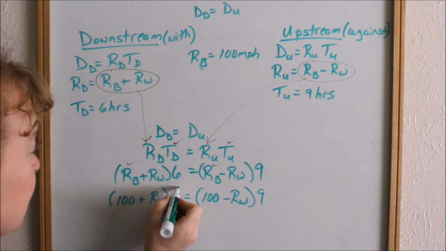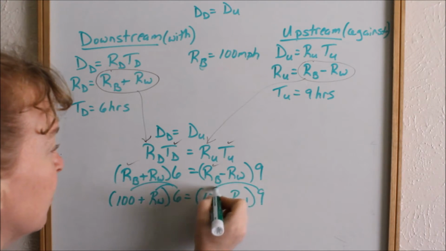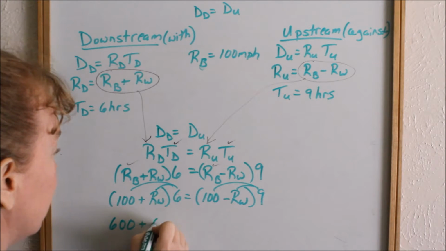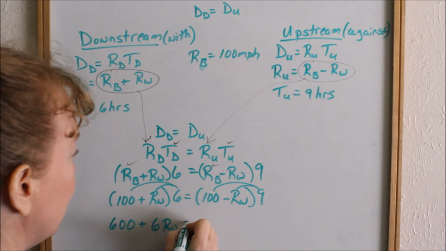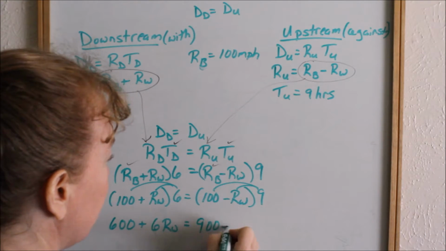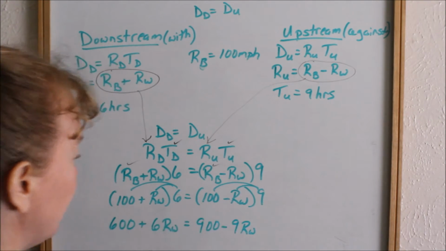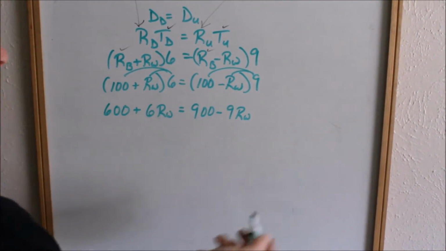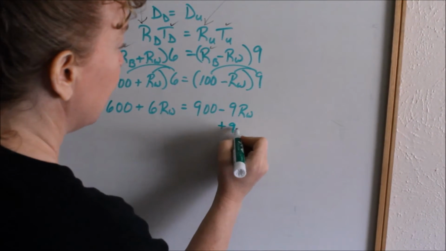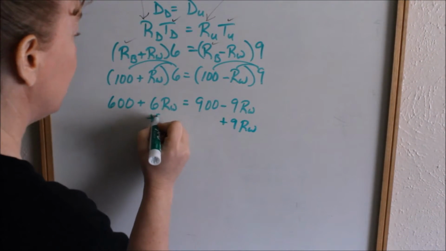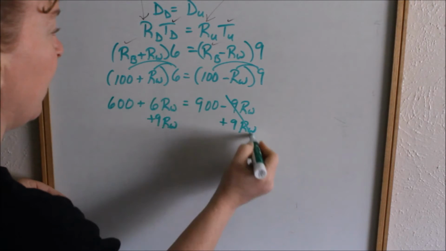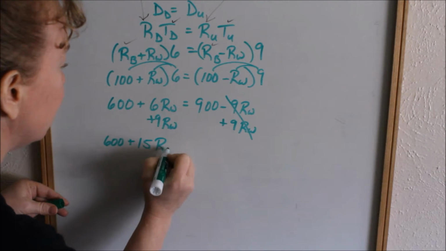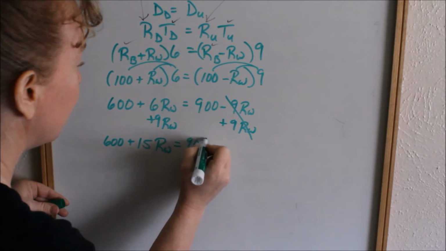So to solve this, I can distribute this on both sides. So that will be 600 plus 6 RW equals 900 minus 9 RW. Now I need to get my unknowns on the same side and numbers on the other side. So I'm going to add 9 RW to both sides. That goes away here. So I have 600 plus 15 RW equals 900.